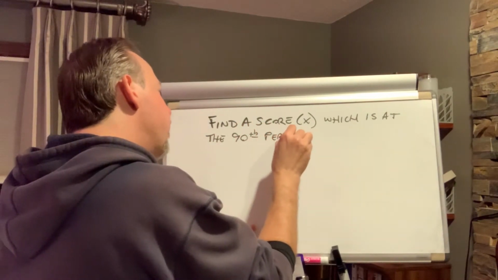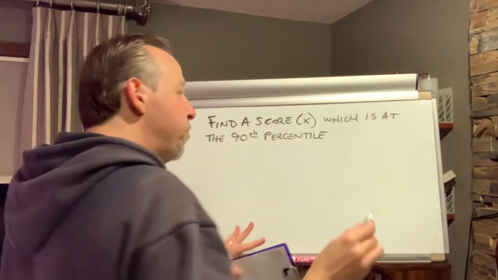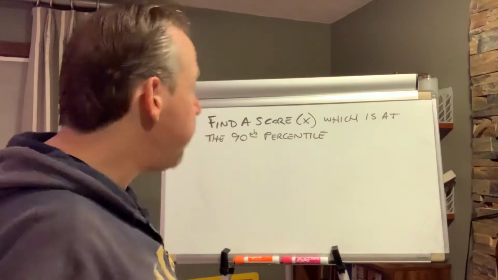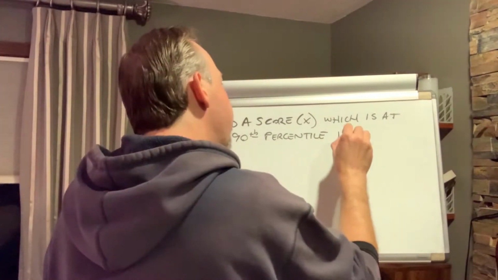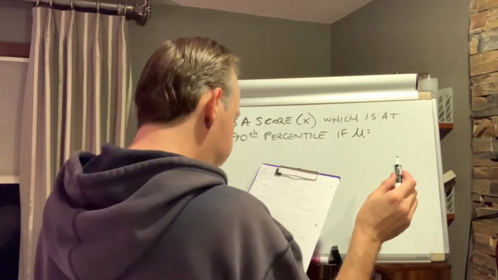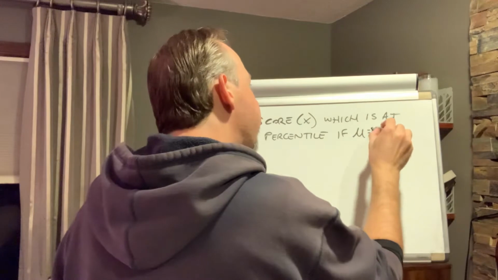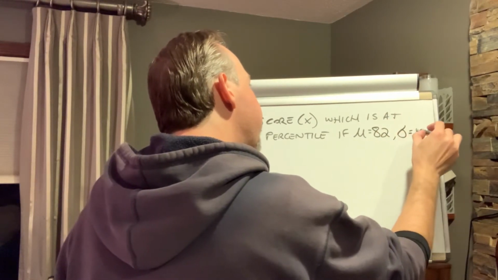Again, that means that 90% of the population is below this score we're looking for. So find a score x which is at the 90th percentile if the mean of the population, or the distribution in any case, is 82 and the standard deviation is 3.5.